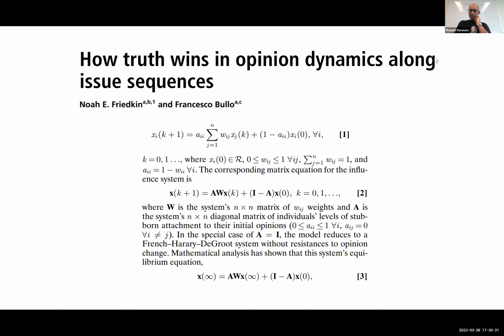One and three are really the, I mean, 3 is derived from 2. 1 and 3 are really the key equations in this entire line of work, not just this paper. You've seen this before, shouldn't be new.